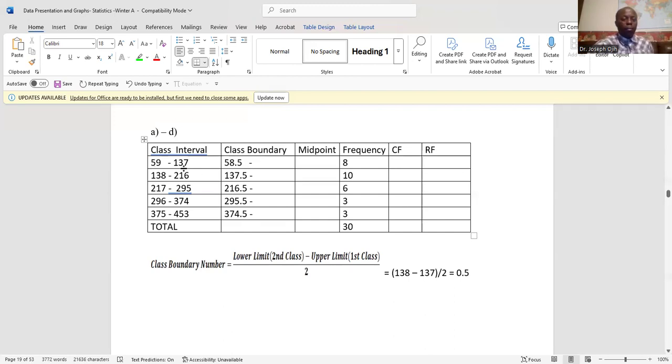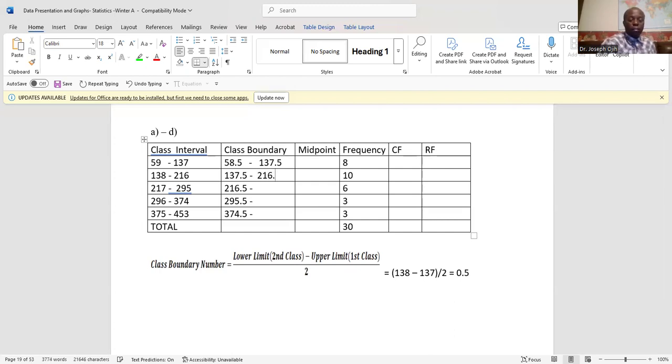Now to get the upper boundary for this first class, add 0.5, which gives you 137.5. This one will be 216 plus 0.5, gives us 216.5.